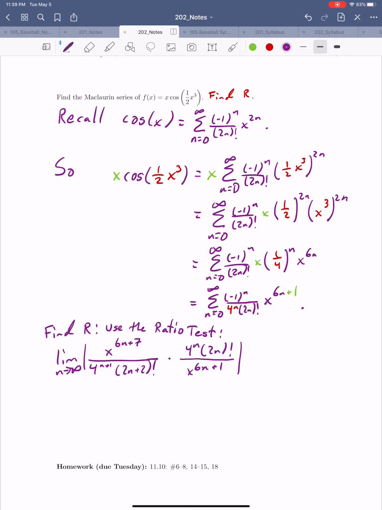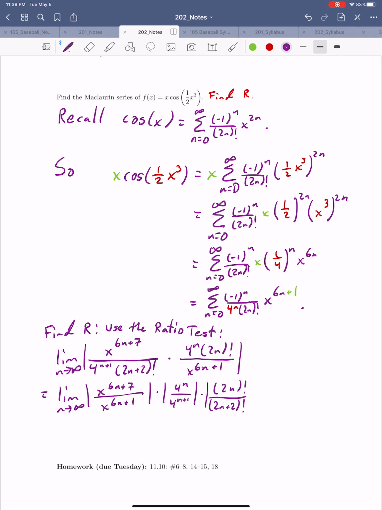Right, and maybe you can notice from here that this is going to be the limit as n approaches infinity of the absolute value of x^(6n+7) over x^(6n+1), times the absolute value of 4^n over 4^(n+1), times the absolute value of (2n)! over (2n+2)!.